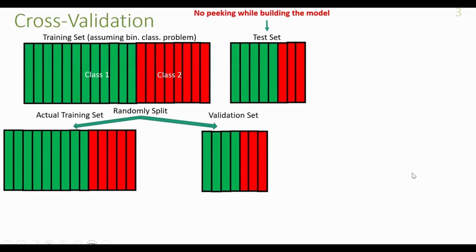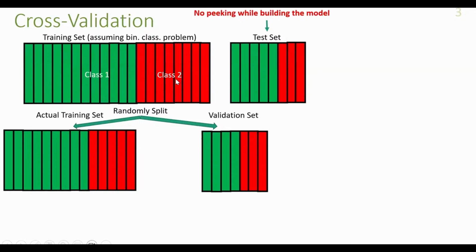But here the problem is, even if you select data points randomly, it may create some problem sometimes, right? So see here, what type of problem we are solving? We are solving a classification problem because we are having data points belonging to class 1 and some data points belonging to class 2, right? Green class and the red class, right?